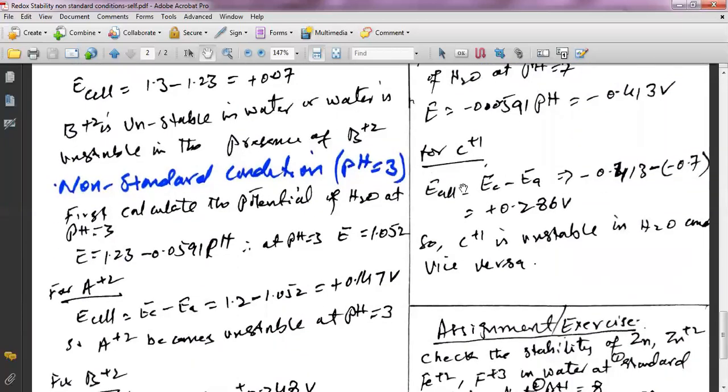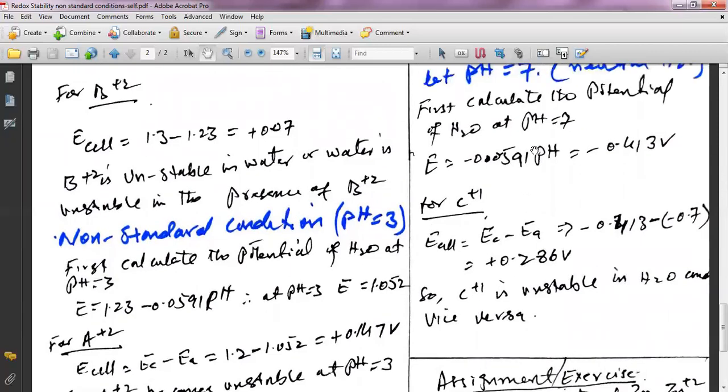So for C plus 1, E cathode minus E anode, you just put the value and the whole number is plus 0.286, which is indicating that C plus 1 is unstable in water, and the water is unstable in the presence of the C plus ion. And you have to mention the condition that this is at non-standard condition and pH 7.